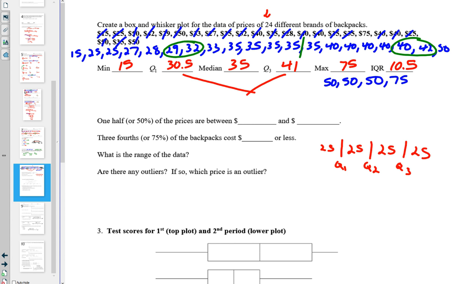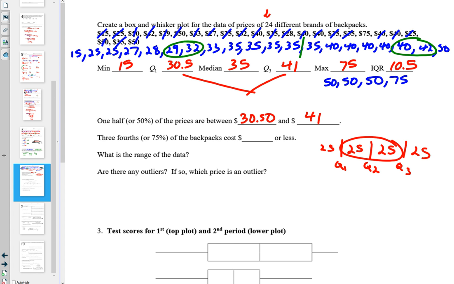So half of the prices are in between the quartiles. What are those prices in between? Half of the prices are in between what? What's quartile 1? Yeah, it's in between $30.50 and on the high end, 41. 3/4 of the backpacks cost blank money or less.